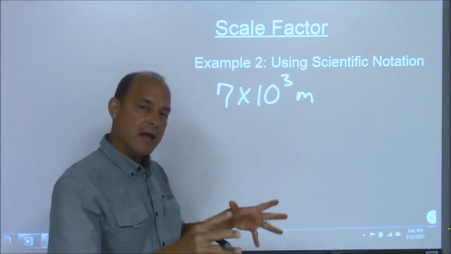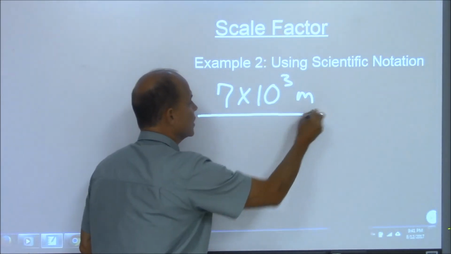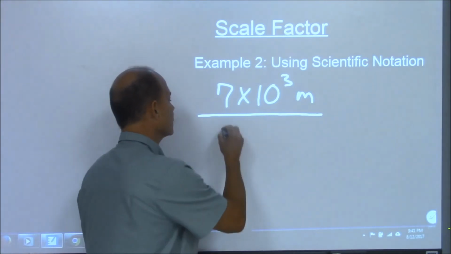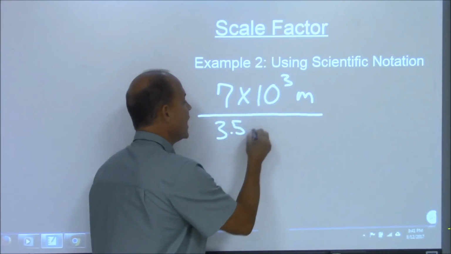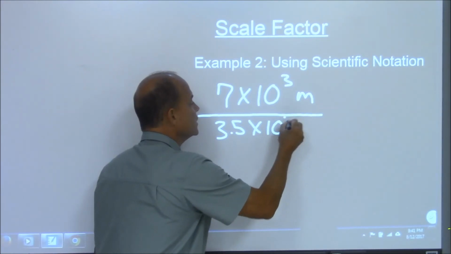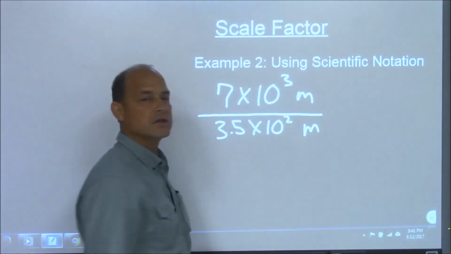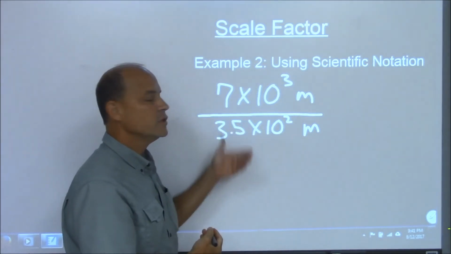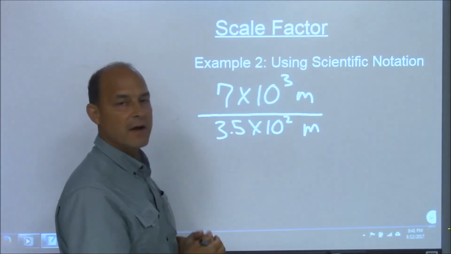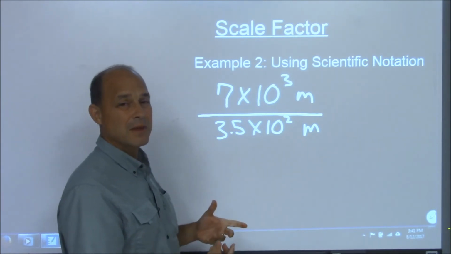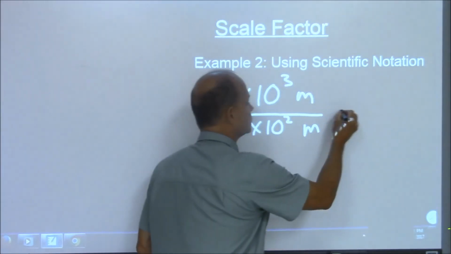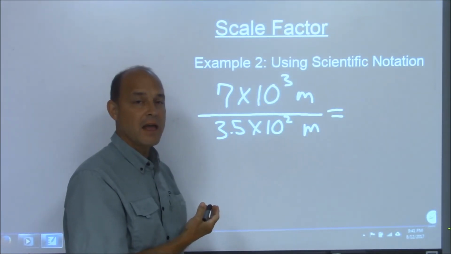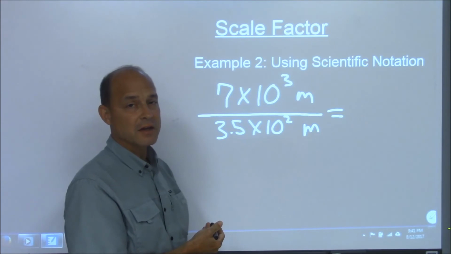And then you want to scale that down so that in the scaled down world, that object is 3.5 times 10 to the 2 meters in length. Just like you did before, you would do this division. But if you haven't divided numbers like this before, it might be a little scary. I'm not going to ask you to do this by hand. I'm going to ask you to do it with your calculator.